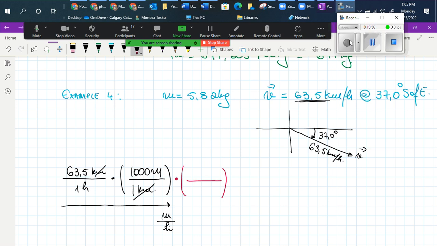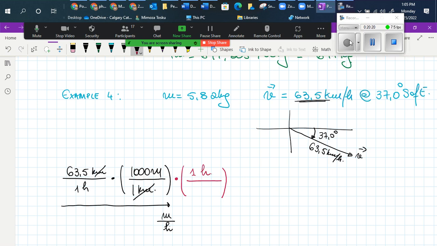They should be in the numerator, because as I said, in order to cancel the units, they have to be in two different places. If one is in the denominator, then the one that you are multiplying by has to be in the numerator. If the one that you have is in the numerator, then the one that you are multiplying by has to be in the denominator.